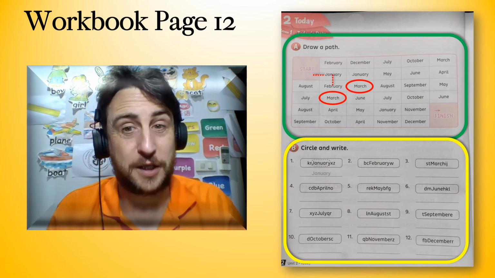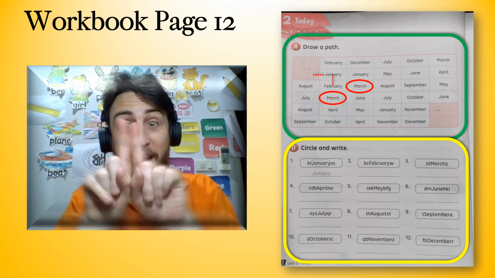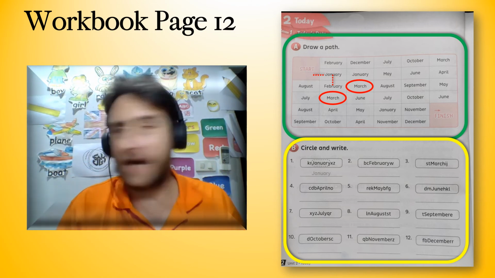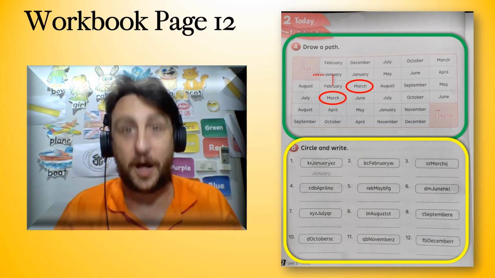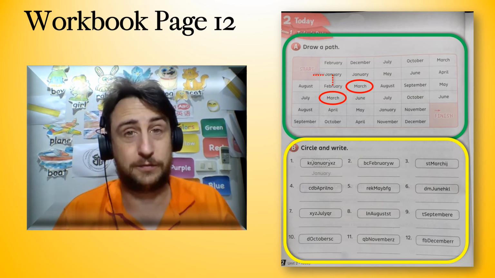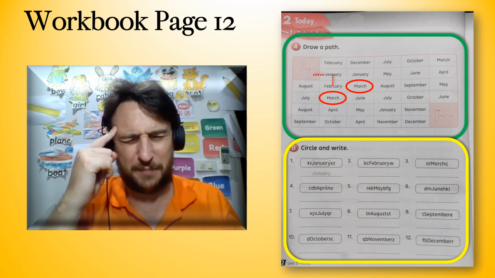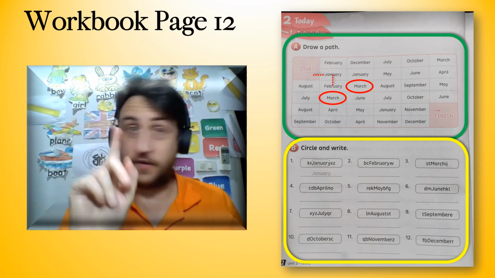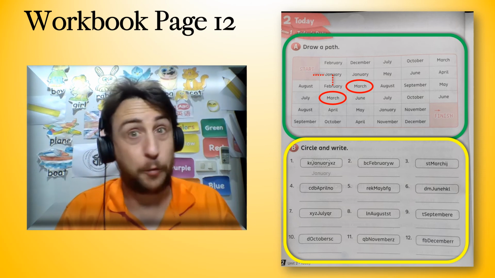So you need to make sure that this one can touch the next month. If it cannot touch the next month after March, it's wrong. So you have to think about it and draw the path. There's only one way.